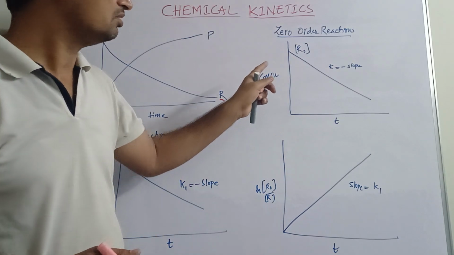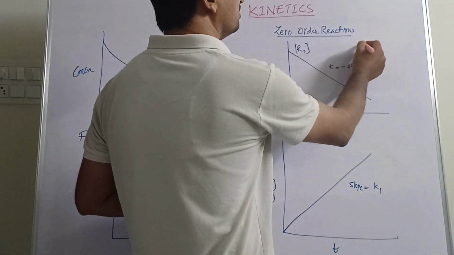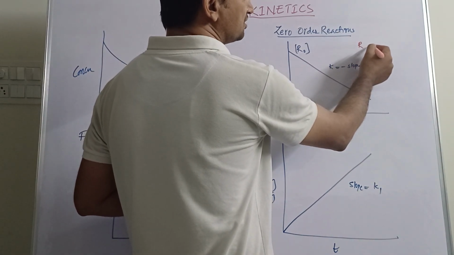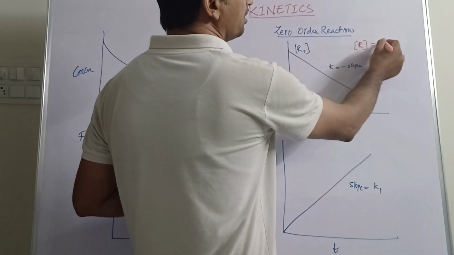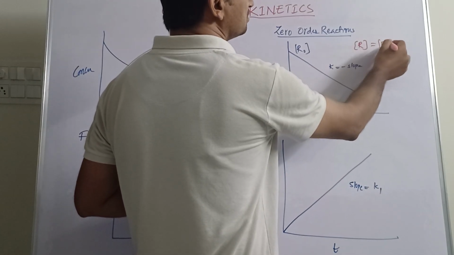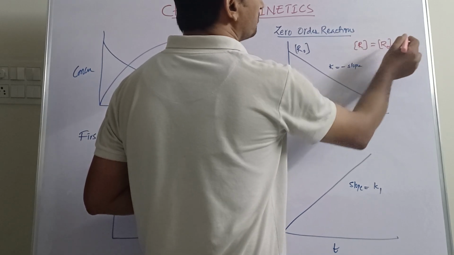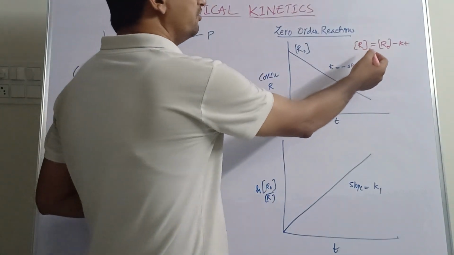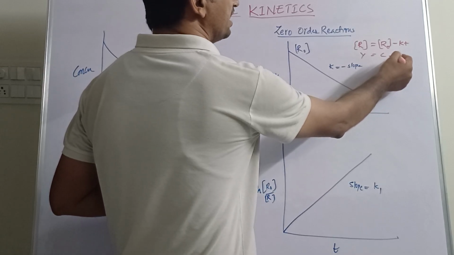Zero order reaction. Now here, as you know, if you derive a relation between final concentration to the initial concentration, you can write concentration of R can be written as R naught, that is initial concentration, minus Kt. Now if this is the relation, you see here how it looks like, y equal to c minus mx.